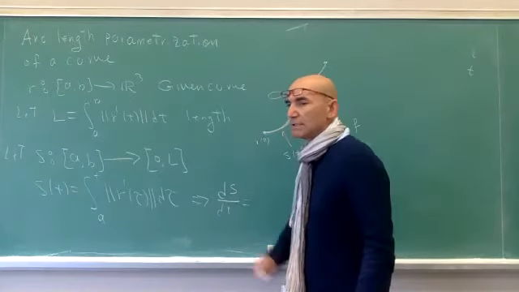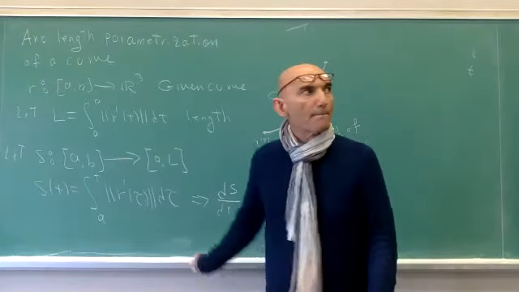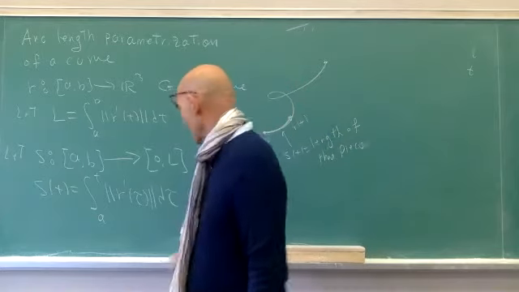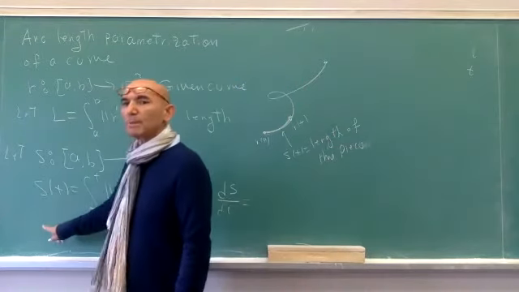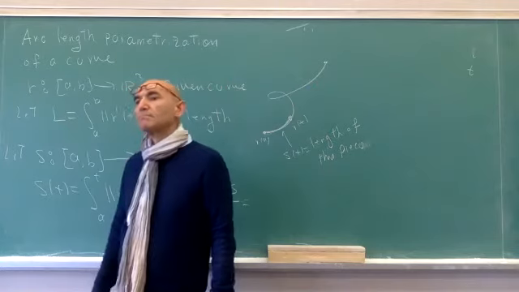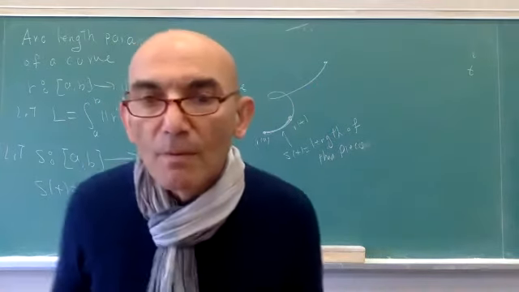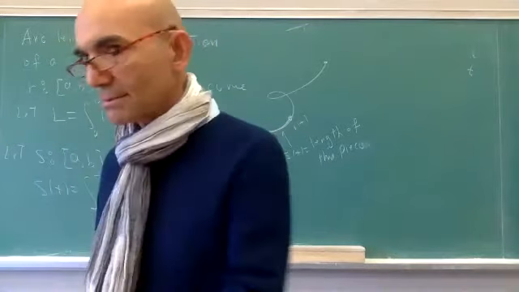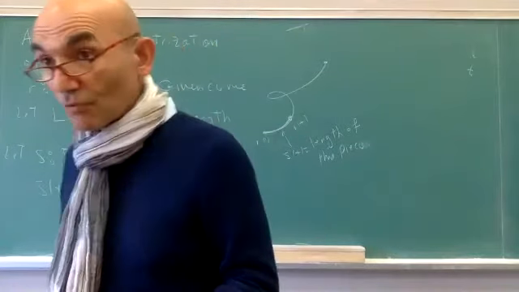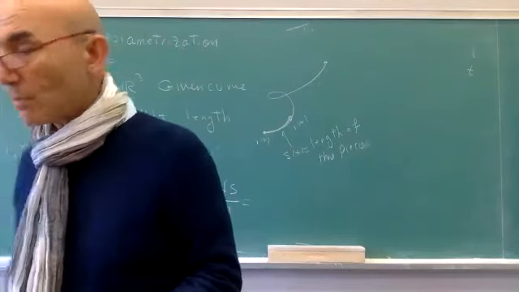But anyhow, what is dS/dT now? Can you tell me what is dS/dT? What is the derivative of distance with respect to time? Yes? The norm of R prime T. Exactly.